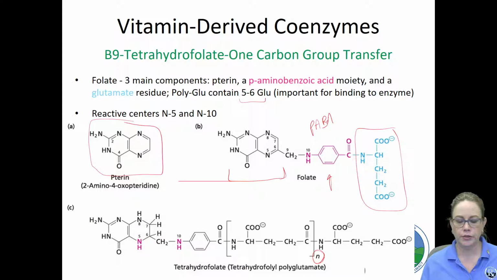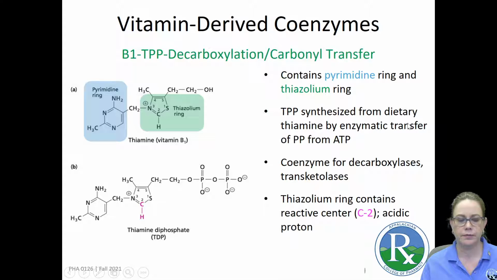So you should be able to recognize those pieces. Our folate is the only coenzyme that has a glutamate incorporated into it, as well as the PABA. Some of these structures we'll encounter again when we get into Foundations 3 with some of our antibiotics.